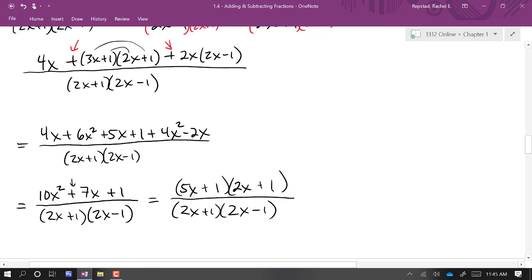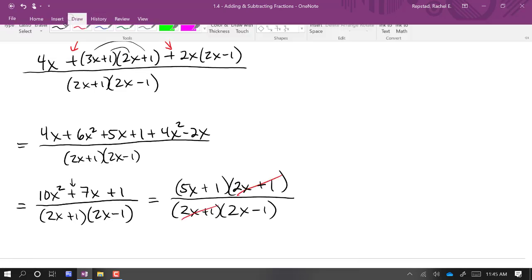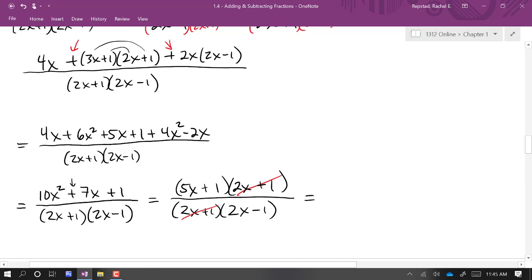That gives us the plus 5x, that gives us plus 7x in the middle, and we end up with a common factor that we can reduce. So this is 5x plus 1 over 2x minus 1.